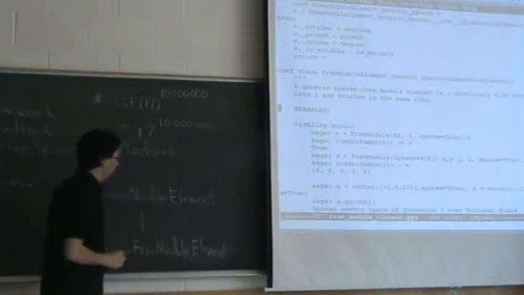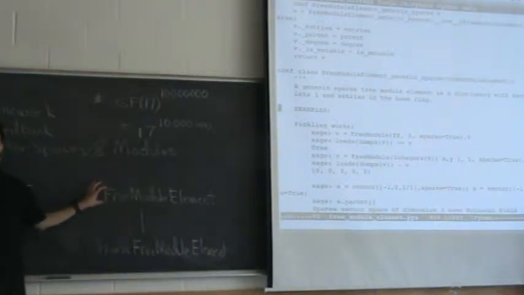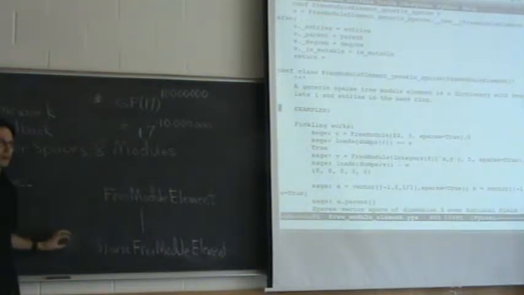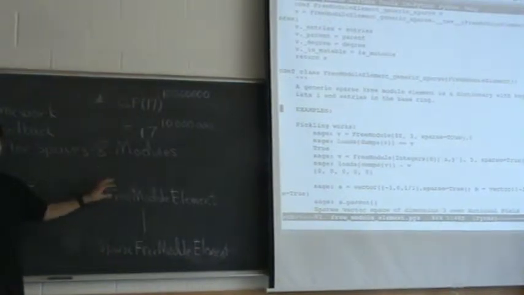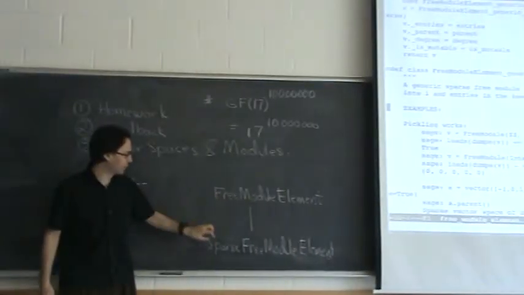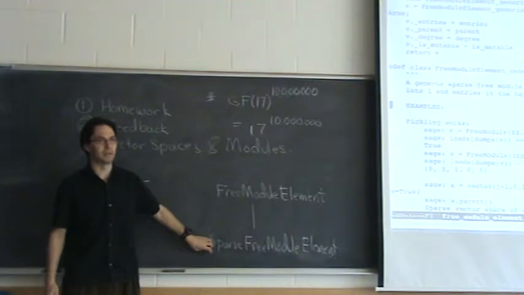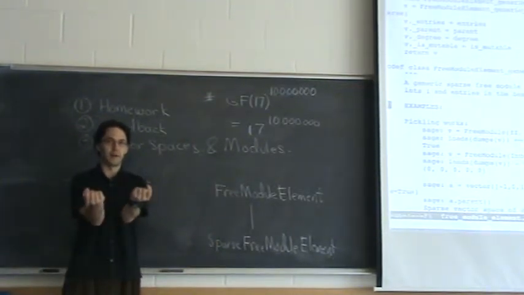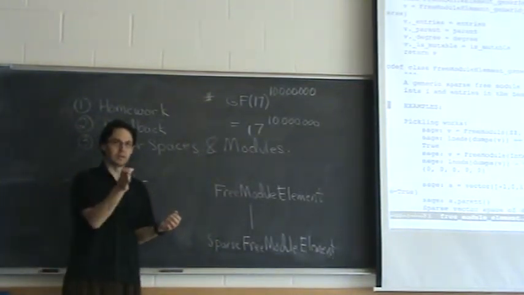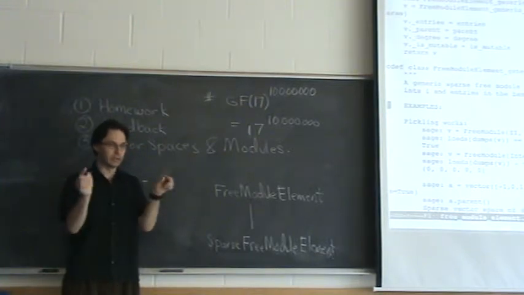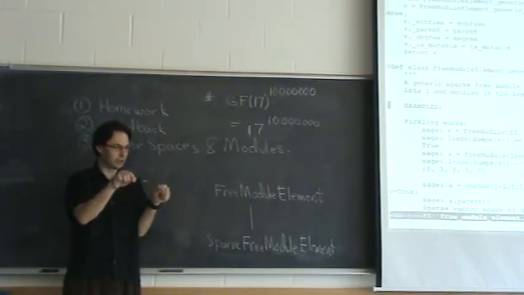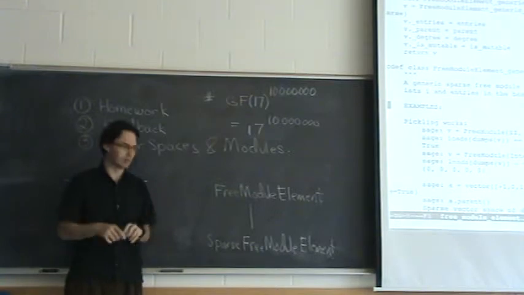So an example of something that you could implement up here is dot product. It doesn't depend on whether things are sparse or dense. There's an existing implementation that you could write that would make sense for either sparse or dense or anything else. However, of course, you'd really want to make a better implementation of dot product down here, because if you have two sparse vectors, you can do the dot product more quickly by just considering the intersection of the set of positions where each one has non-zero entries.